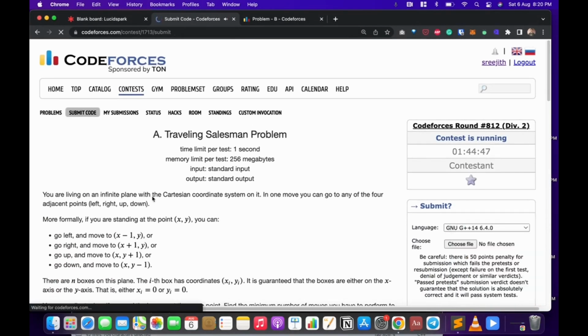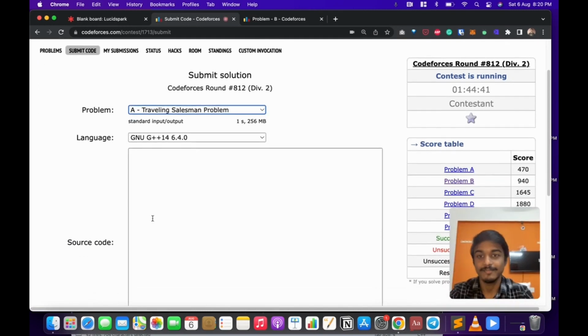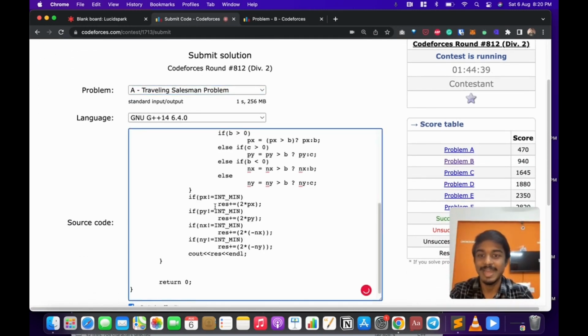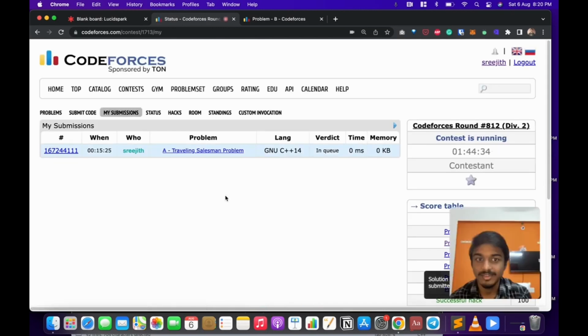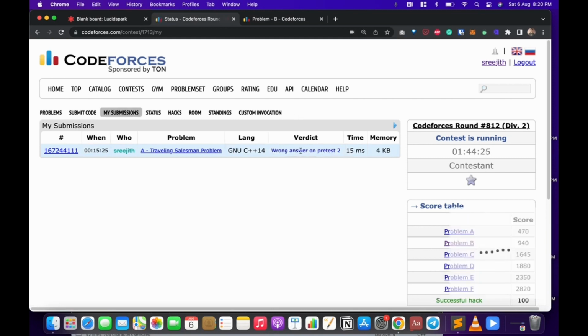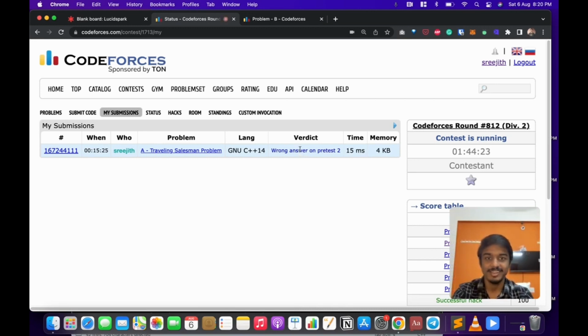It took 15 minutes for the first problem, which is a very, very bad thing, I would say. But anyway, let's see. Hopefully, I'm not moving to the second one. I want to see whether this works or not. Damn, it failed.